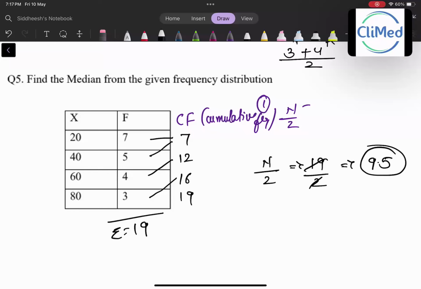So in CF, we are getting 12. Either you need to find the 9.5, and if not, then we need to find a number more than 9.5. But we are getting 12. So what is the median? Answer me. What is the median? 40.